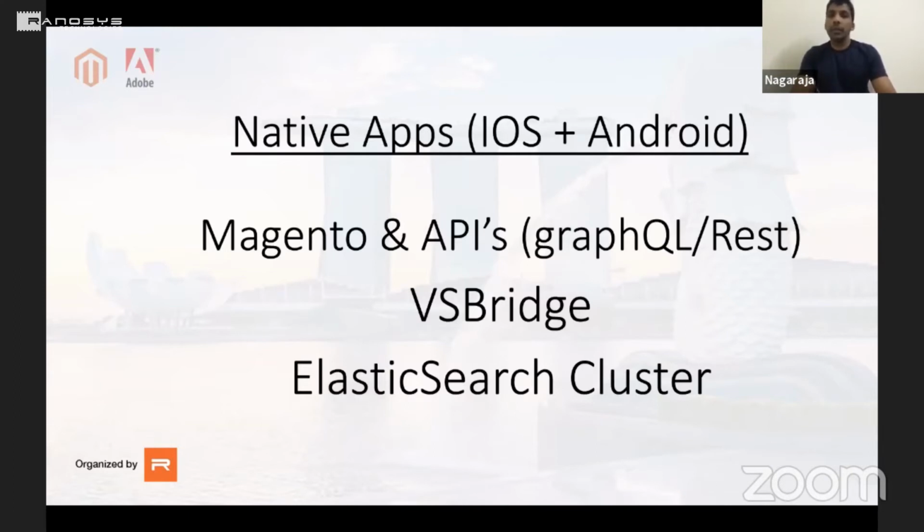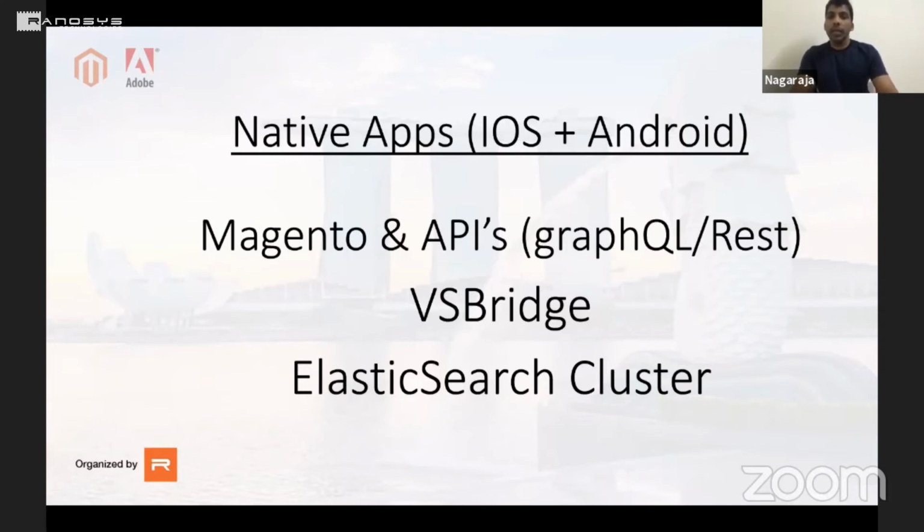When I say Magento and APIs, there are two components that I'm going to describe. Then there is the VSBridge, a very important and very high-performance module available on the GitHub repository today, which is Magento supported, a complete Magento module itself.